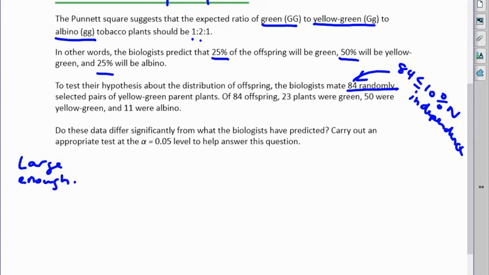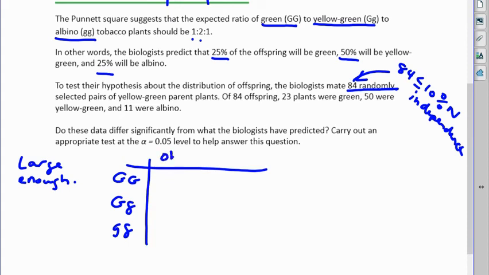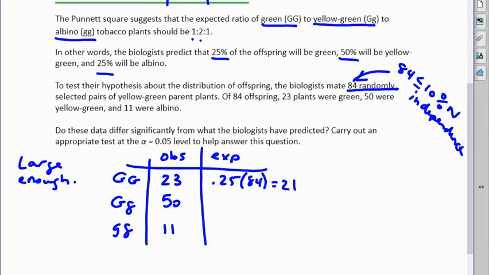Let's find out. Okay, so if we have our GGs, 0.25 times the 84, we expect to have 21 plants there.